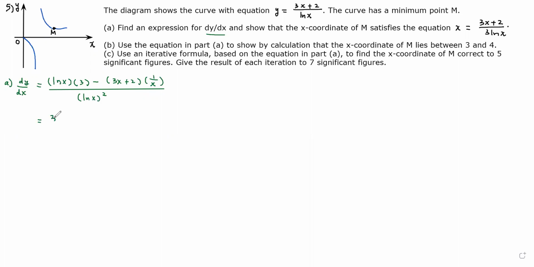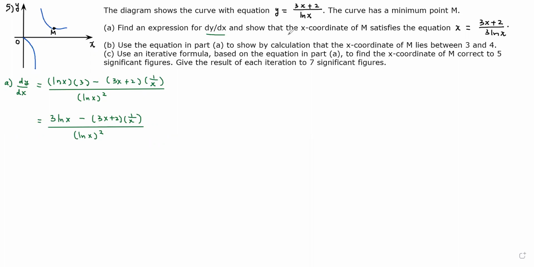And we can write this as 3 ln x minus (3x plus 2) times 1 over x, all over the square of ln x. That will give us dy/dx.